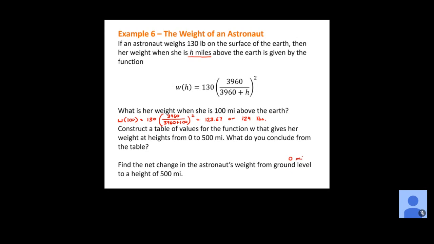Well, net change, remember the formula is f of b minus f of a. In this case, the a value is the smaller of the two, so that's going to be your 0. And the b value is going to be the bigger, which is the 500. So we're really just finding w of 500 minus w of 0.